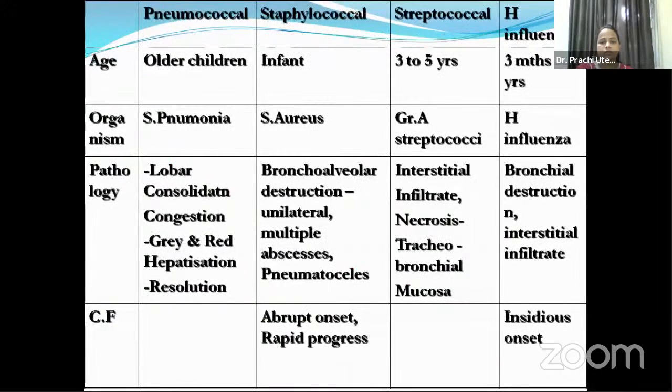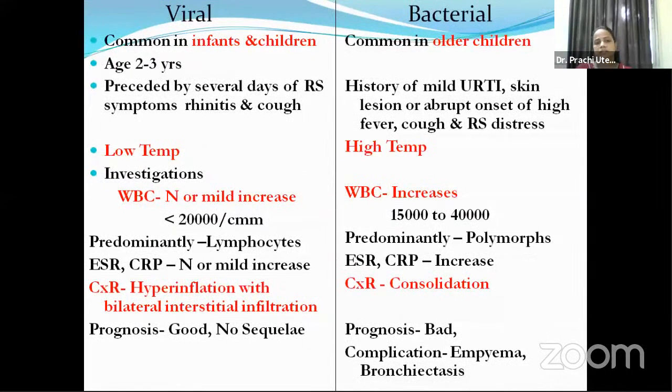Investigations: the WBC count is usually normal in the viral variety, though a mild increase may be seen, and it is usually less than 20,000, whereas the WBC count is quite raised in the bacterial variety. Predominantly lymphocytes are seen in the viral one, and polymorphs in the bacterial one. ESR and CRP, C-reactive protein, are normal or mildly increased in the viral one, and increased in the bacterial variety.